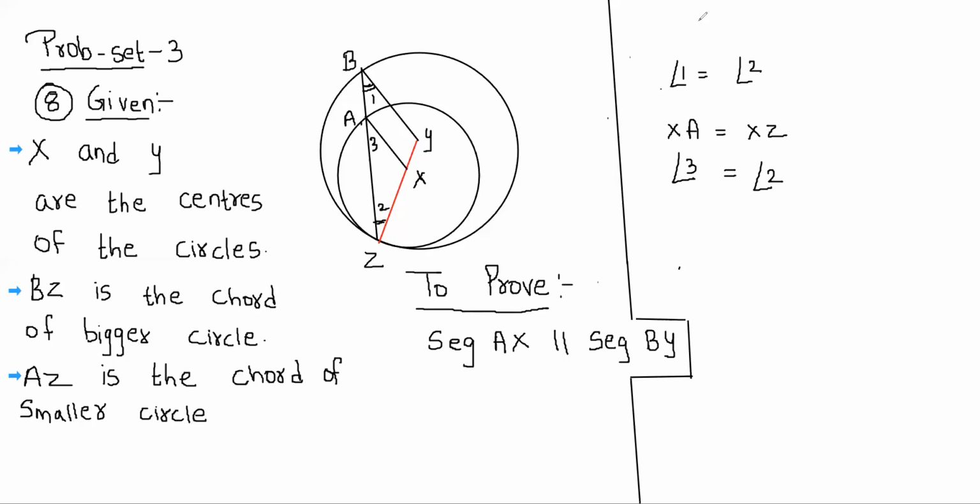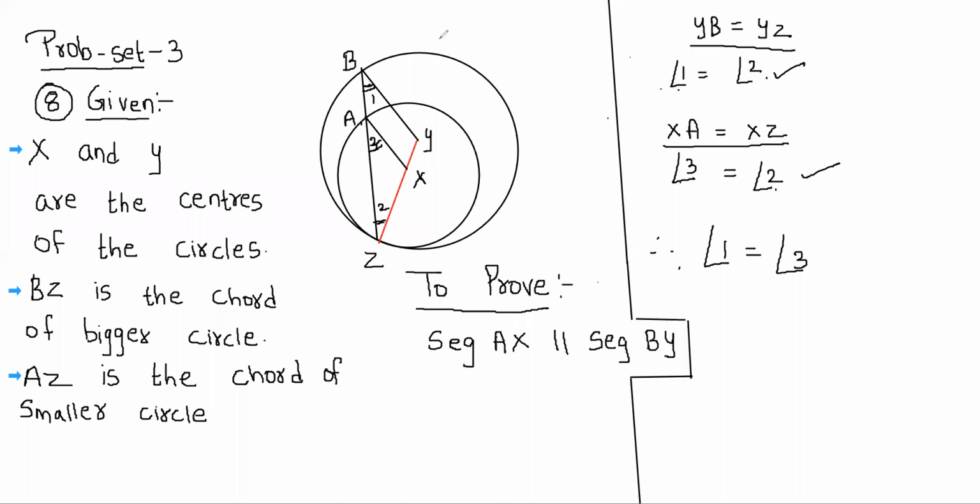How did we get the first step? YB is equal to YZ, radius of the bigger circle, hence angle 1 is equal to angle 2. XA is equal to XZ, radius of the smaller circle, hence angle 3 is equal to angle 2. From these two equations, we can say that angle 1 is equal to angle 3. And these are the two angles which we want to prove equal.